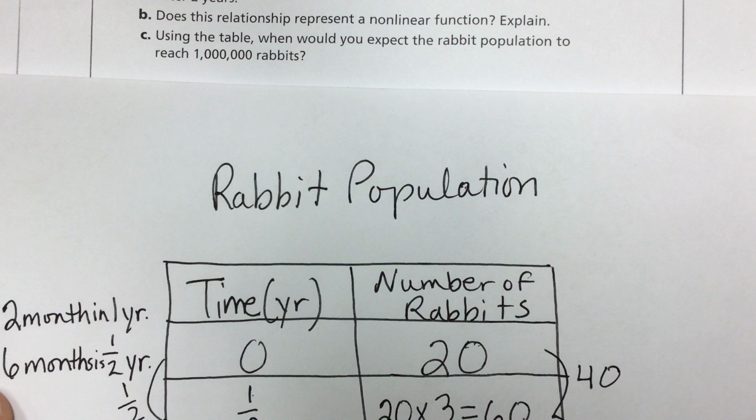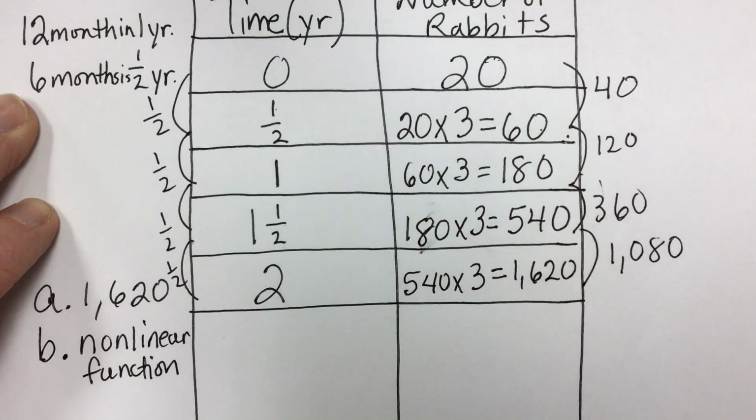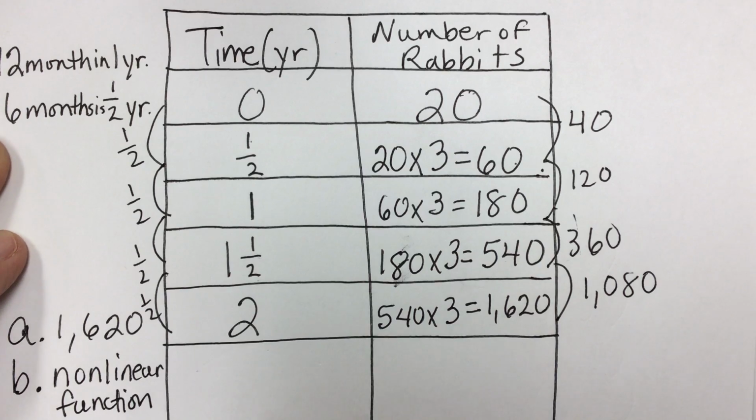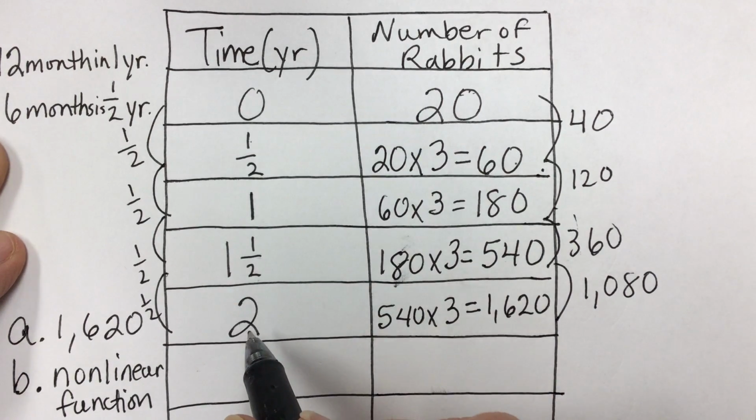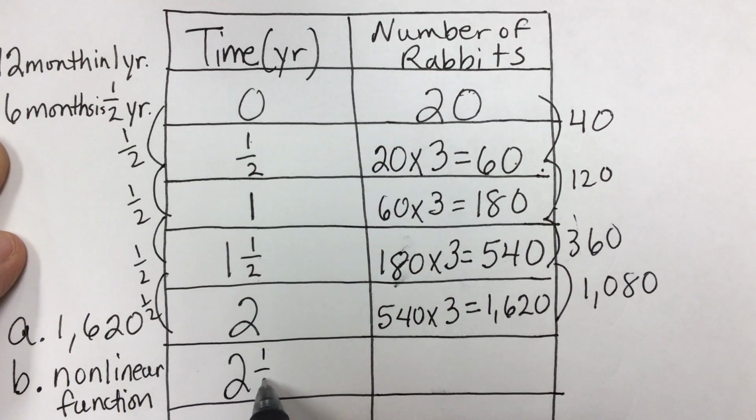Using the table, when would you expect the rabbit population to reach 1 million rabbits? So what we need to do is keep continuing on with our chart. All right, so let's add a half to our time. 2 plus a half, that's 2.5.